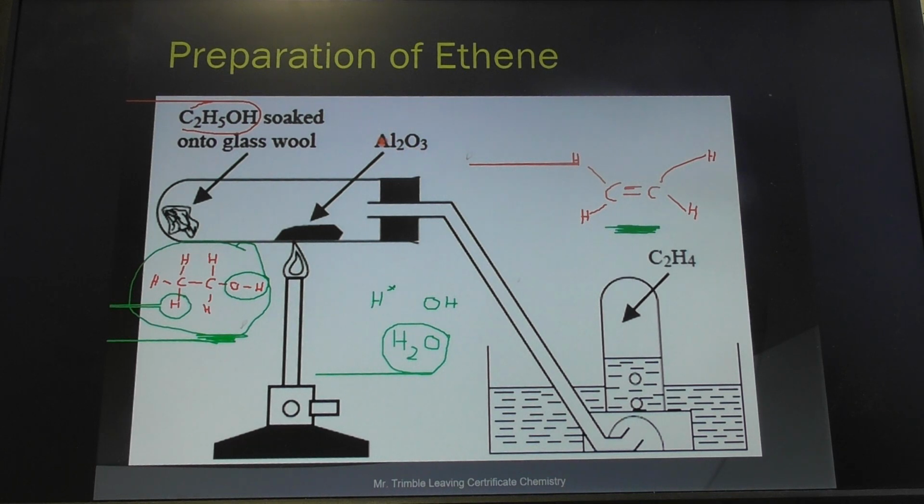That's Al 3 plus and then O 2 minus, and 3 of those and 2 of those gives your overall charge of 0, or oxidation state of 0. This little solid here just needs to be heated. So the aluminium oxide is heated with a Bunsen burner, a horizontal test tube, and then you collect the ethene, and that's how you prepare ethene.